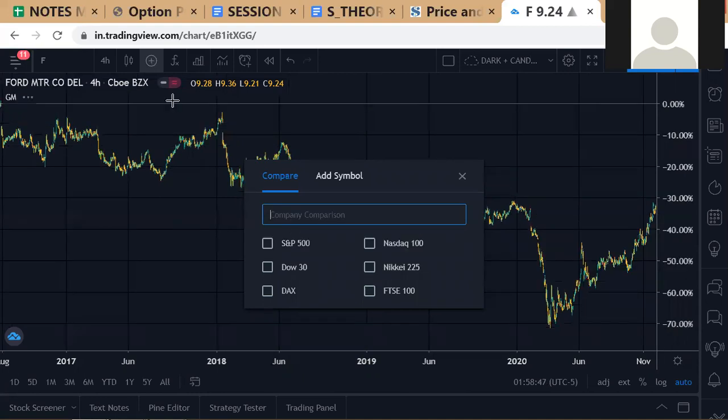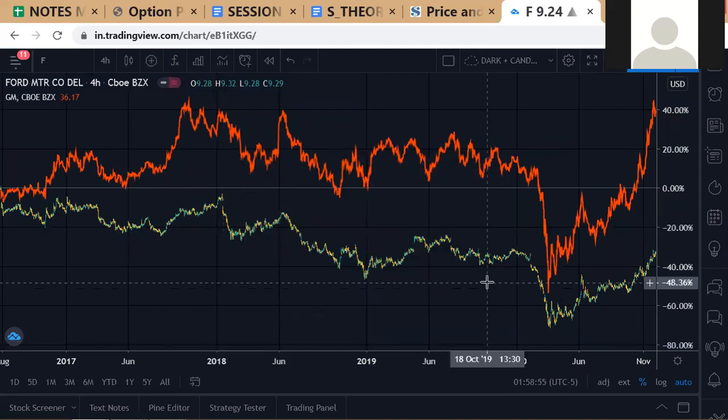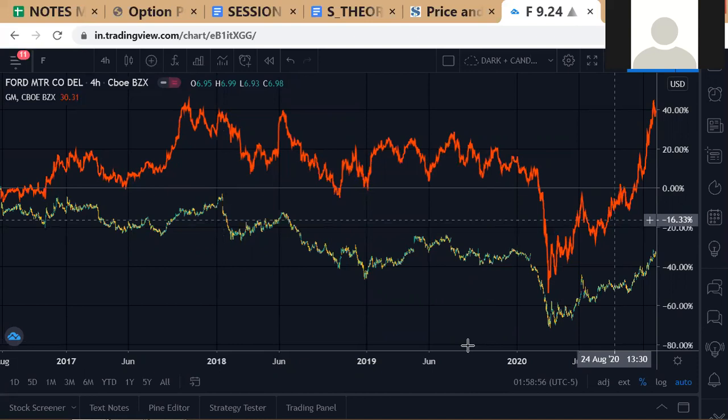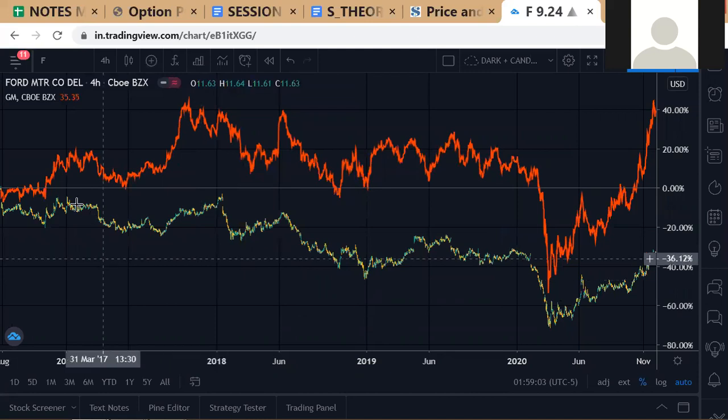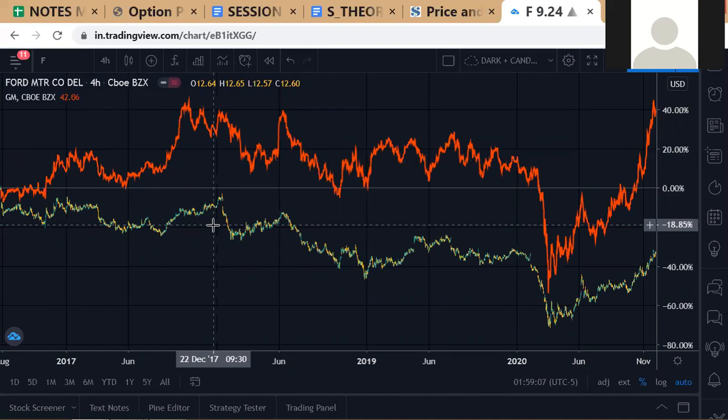So the basic idea of statistical arbitrage is like this. GM is here and Ford is here, and you can see they move quite similarly. We are tracking Ford and General Motors together.